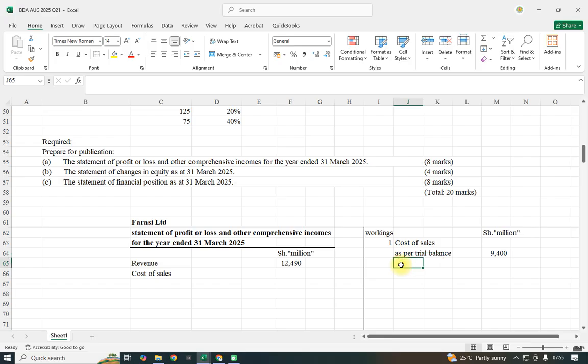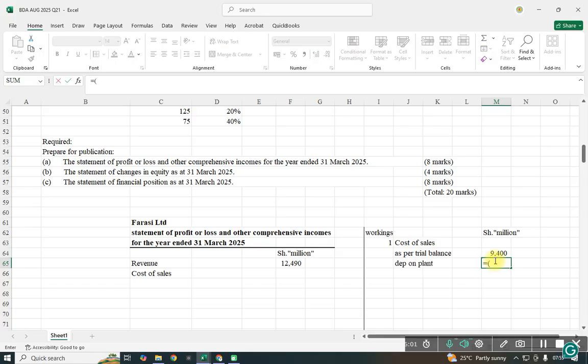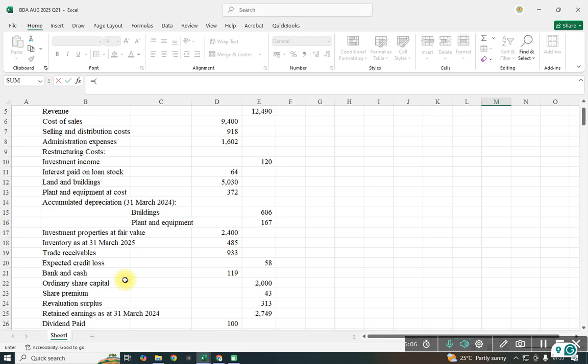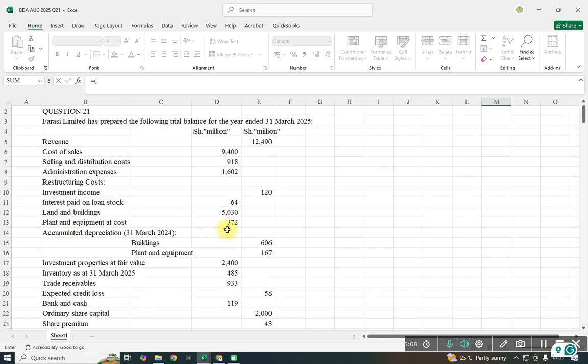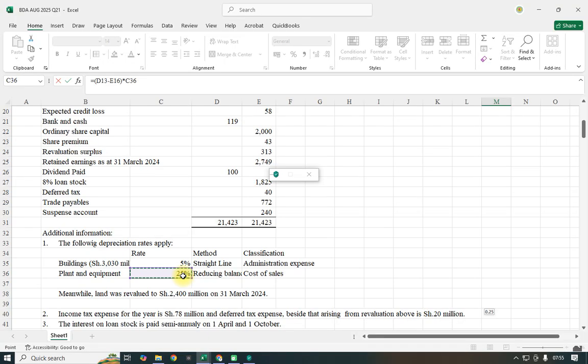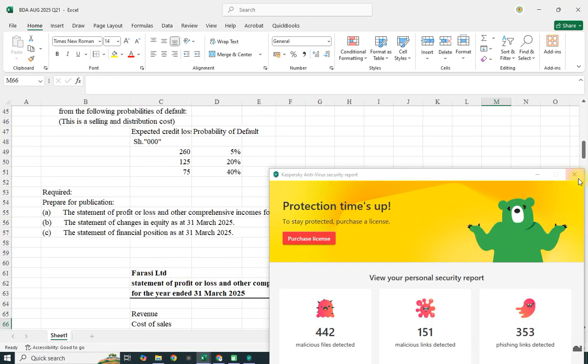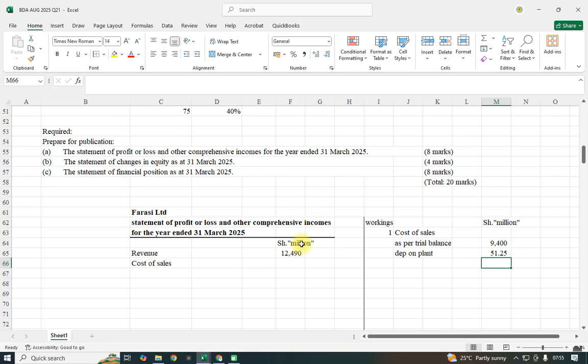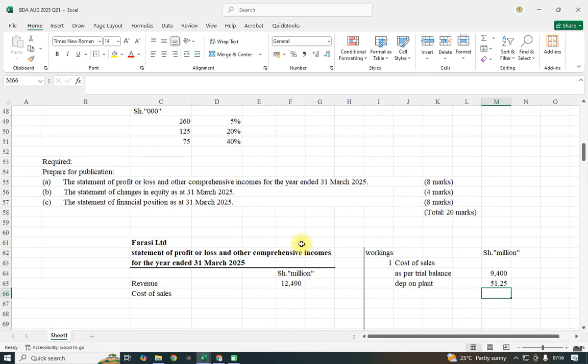When they talk about reducing balance, it is cost minus accumulated depreciation. The plant at cost was 372 with an accumulated depreciation of 167, and it is being depreciated at 25%.